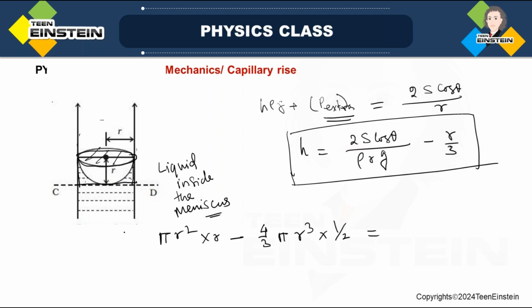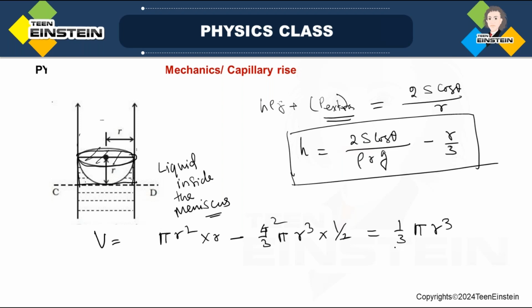So this is the volume of the liquid inside the meniscus. This 2 will cancel, so it will be 1/3 pi r cube.